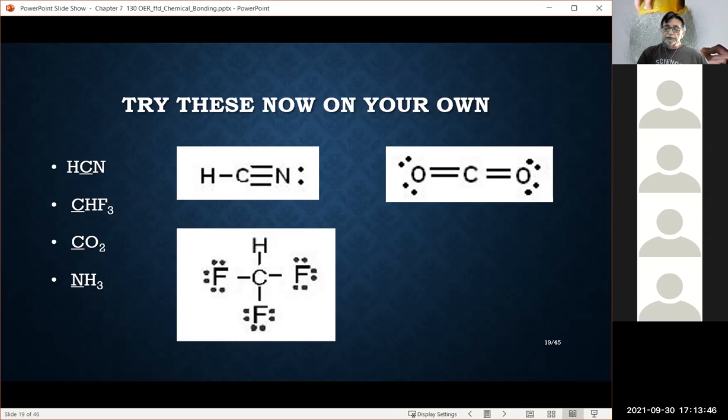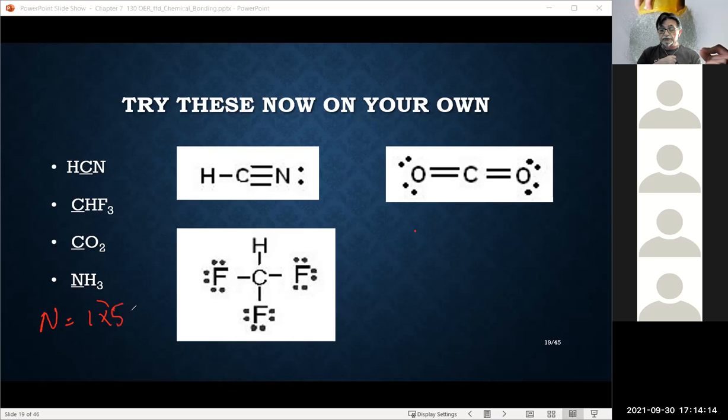All right, then we have NH3. And so we got nitrogen. Just write it over there, nitrogen. We got one of them. How many valence electrons does nitrogen have? How many valence electrons is 5?